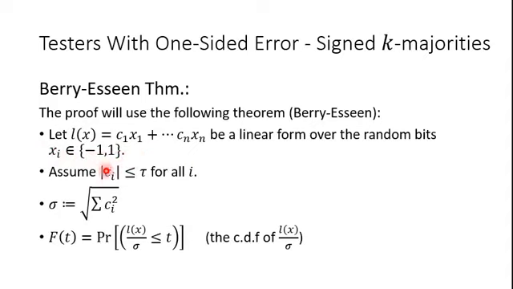Now we assume that the absolute value of each coefficient c_i is less or equal to tau for all i. And we set sigma to be the square root of the sum of the squared coefficients. And F is the notation for the cumulative distribution function of L(x) divided by sigma. So formally, we write the following.